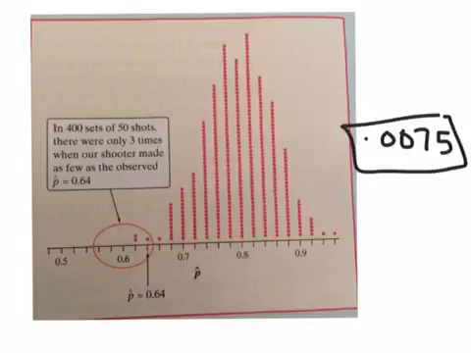Wow, that's amazingly bad luck. So based on the fact that the probability of what happened is so low, we're going to go with the alternative hypothesis and say, you know what, I don't think that you're an 80% free throw shooter.